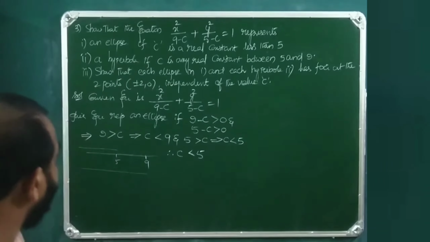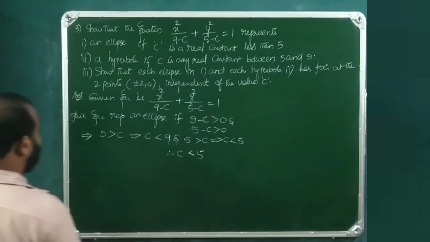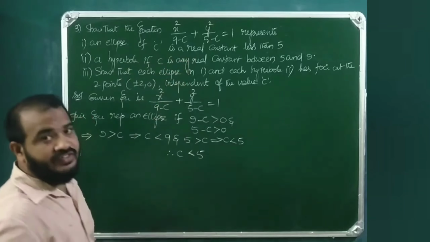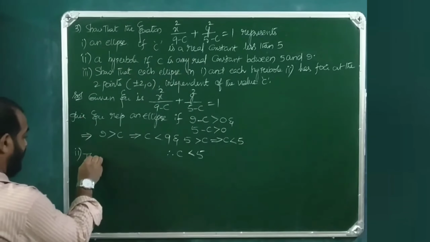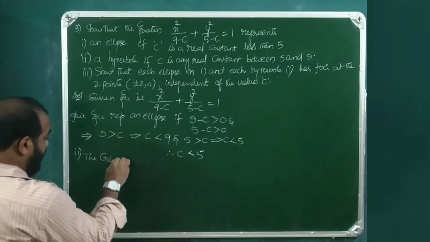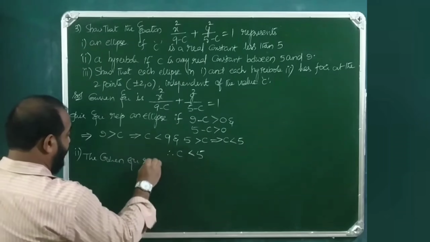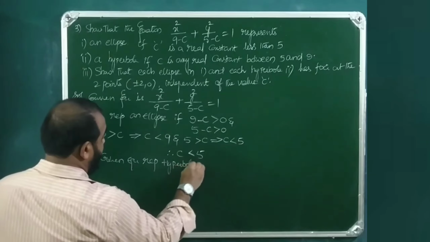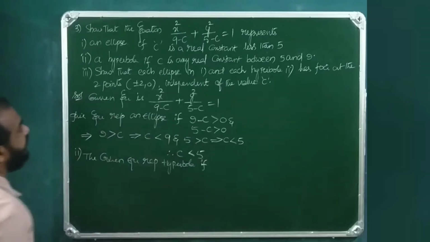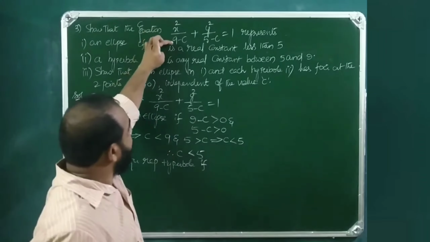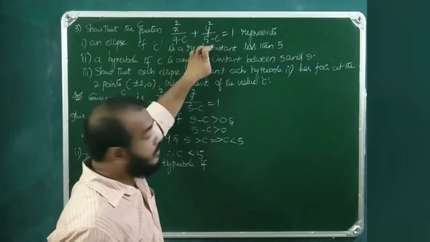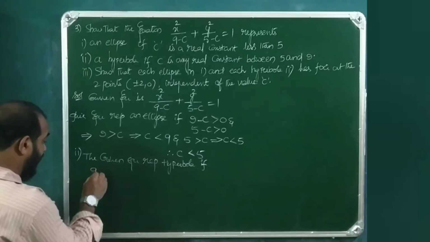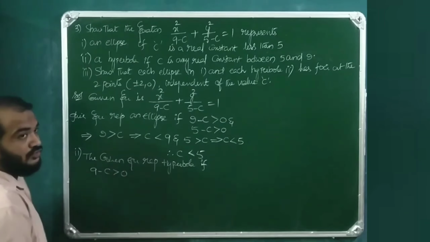So the next condition is when the given equation represents a hyperbola. The given equation represents a hyperbola if it is of the form x square by a square minus y square by b square. That means x square by a square is positive, 9 minus c is obviously positive.